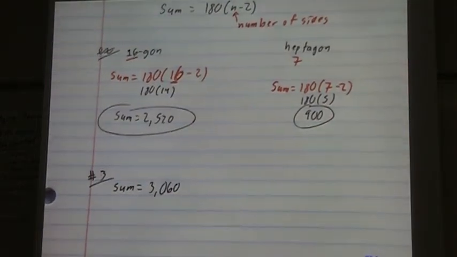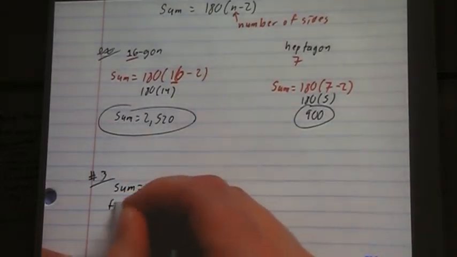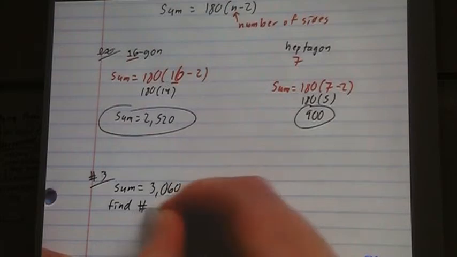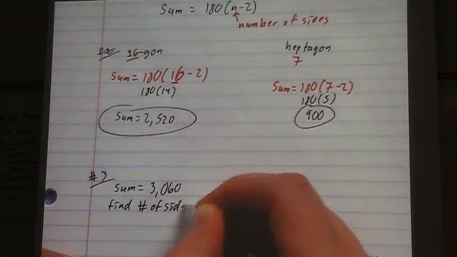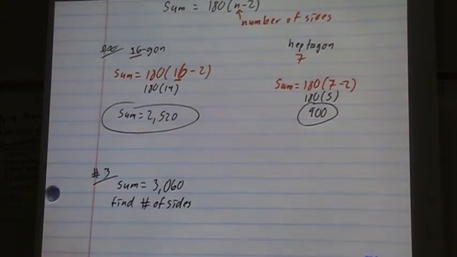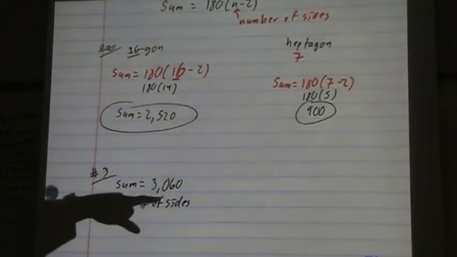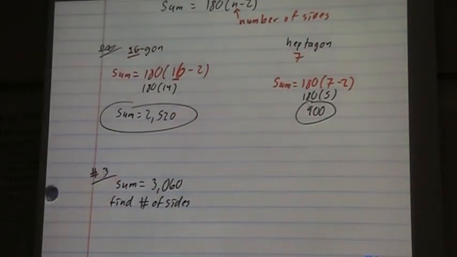How many sides does that shape have? Well, we're going to use that formula and put 3,060 in for the sum, and then do a little bit of algebra.